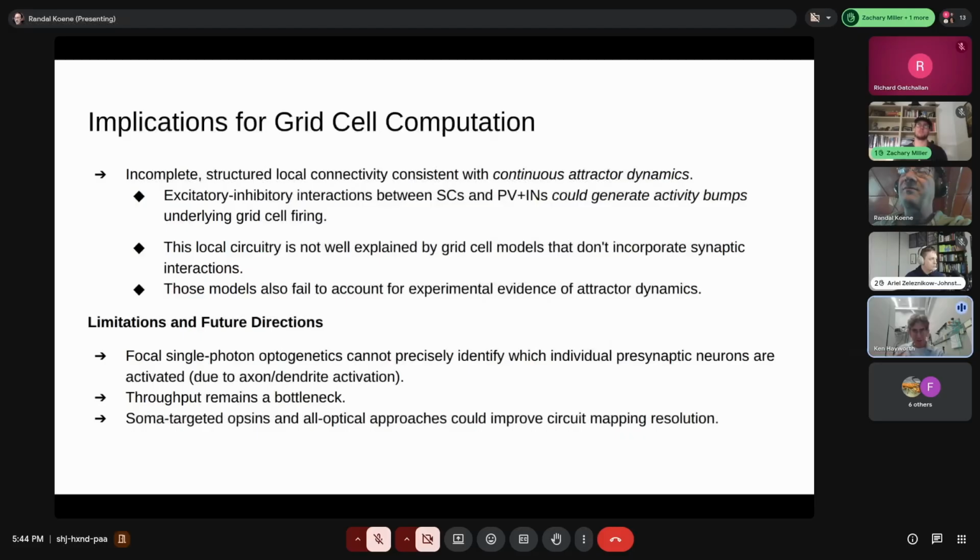When we imagine a connectomic study, we imagine a study where you would have calcium imaging of the entire grid cell population that is then correlated with connectomics of that same population.